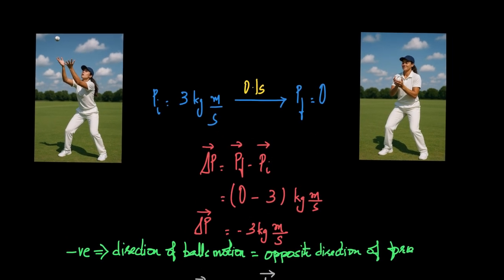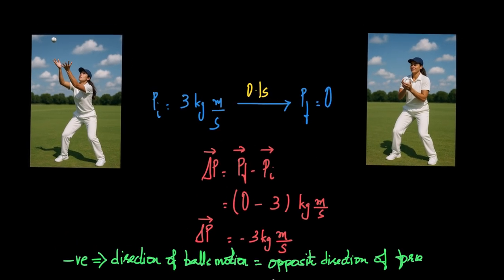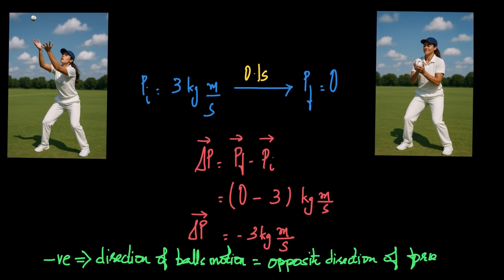Now, during this transition from the initial condition to the final condition, the momentum changes from 3 kilogram meter per second to 0 in just 0.1 seconds. Therefore, the change in momentum is final momentum minus initial momentum, which is 0 minus 3. And therefore, the change in momentum is minus 3 kilogram meter per second.